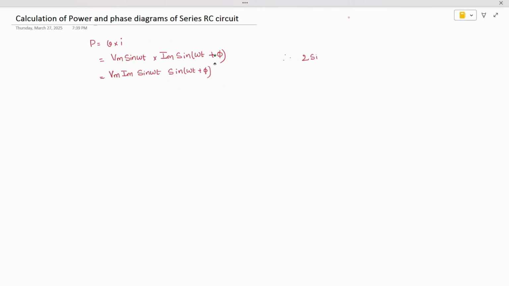2 sin a sin b is equal to cos of a minus b minus cos of a plus b. But I need only sin a sin b. Therefore, I can write the formula of sin a sin b as 1 by 2 into cos of a minus b minus cos of a plus b.